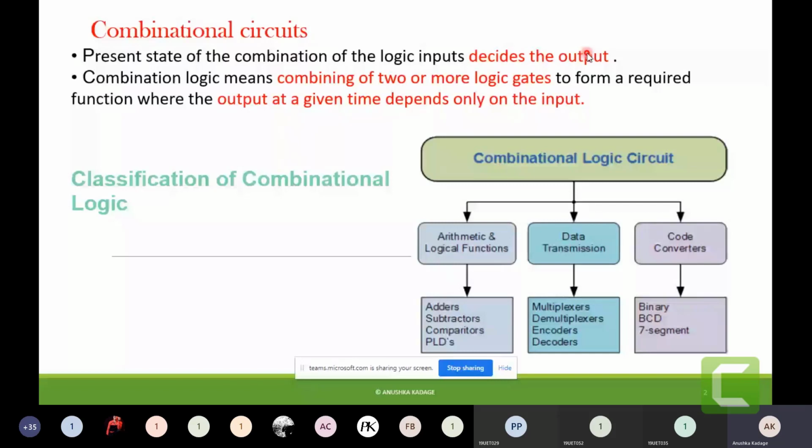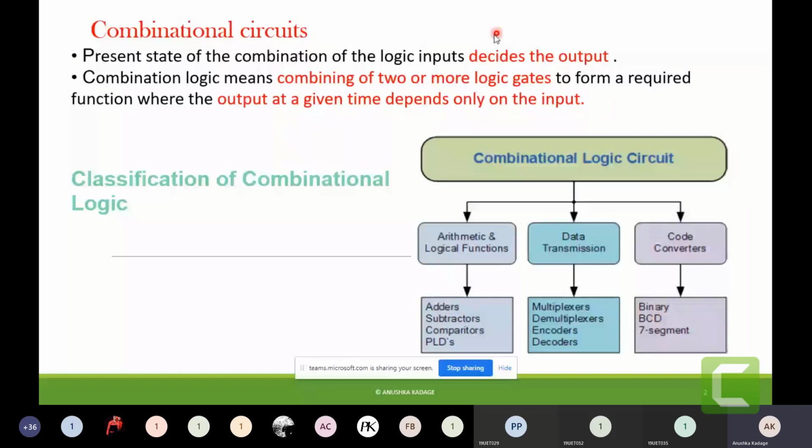Let's say I have 3 inputs for that circuit, then the Boolean function will have 2 raised to 3 input combinations provided for that circuit. And based on that, we are going to get 8 different outputs.